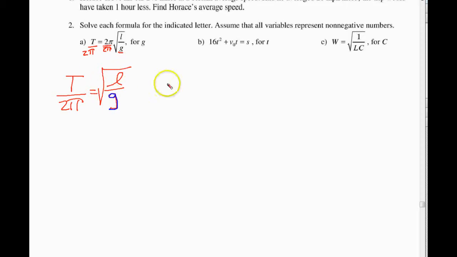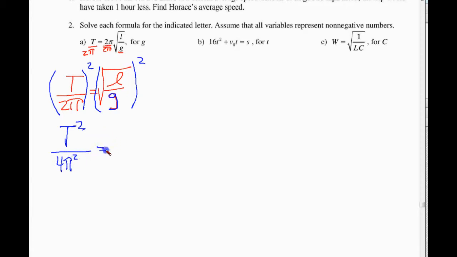So I want to get it out of the radical sign. I do so by squaring both sides. Now I have T squared over 4 pi squared, and this equals L over G.